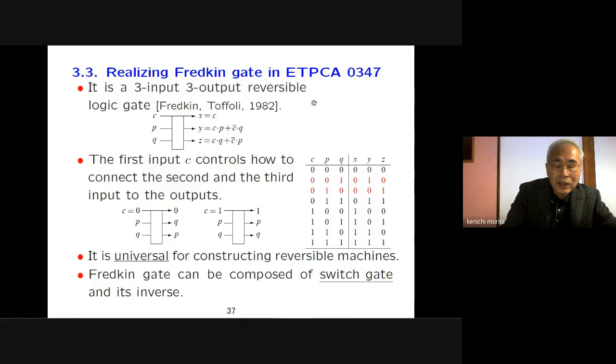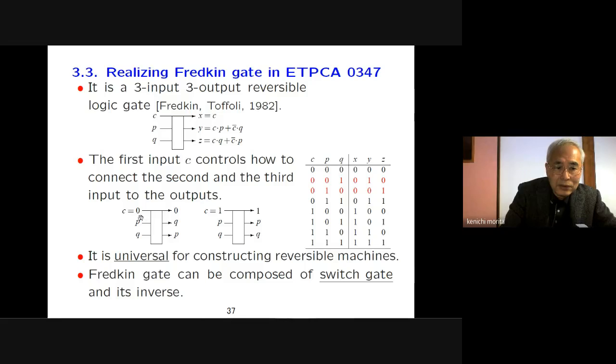By appropriately interacting gliders, we can construct a Fredkin gate, which is a reversible logic gate in ETPCA 0347. A Fredkin gate is a 3-input, 3-output reversible logic gate. The first input, C, is a control input.